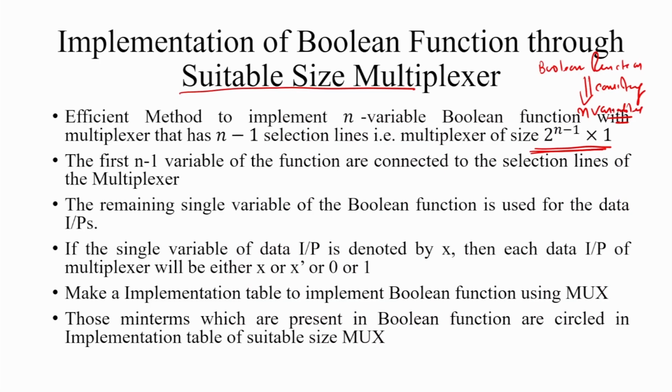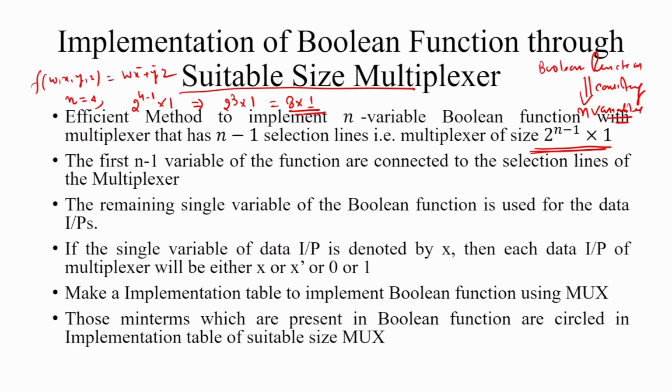Suppose we represent a function f of w x y z, written as w x complement plus y complement z. What is the suitable size multiplexer? Here the number of variables used to represent the Boolean function is 4, so we use 2 to the power 4 minus 1 cross 1, which means 2 to the power 3 cross 1, that means an 8 cross 1 is the suitable size multiplexer.